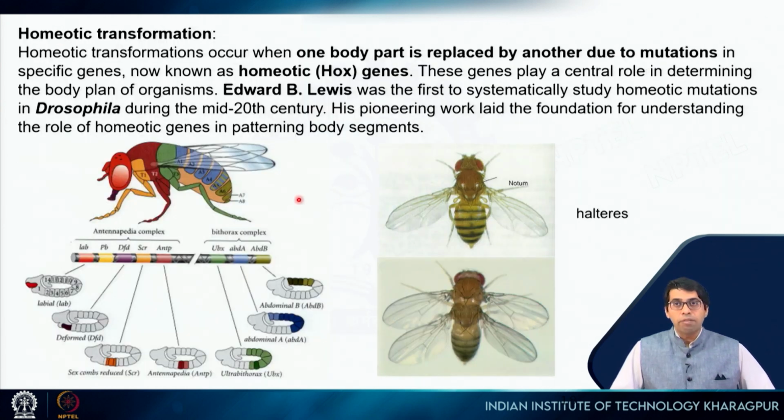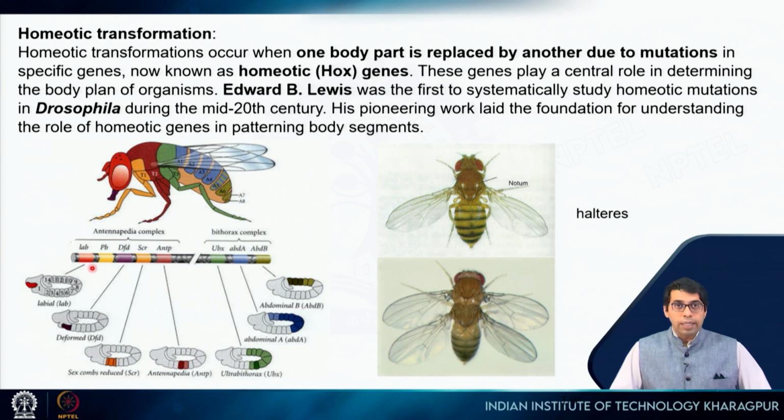Okay. Another very important discovery that happened in Drosophila is homeotic transformation. It turns out that there are these master regulator genes called the Hox genes. In Drosophila there are these 8 Hox genes: labial, deformed, sex combs reduced, antennapedia, ultrabithorax, abdominal-A and abdominal-B, and they are arranged in this linear order on a chromosome.